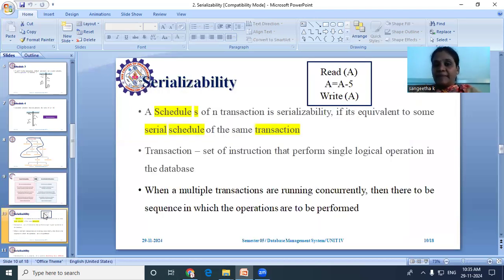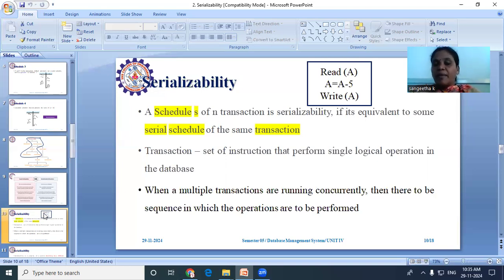Now, serializability. A schedule, let's call it S, of n transactions is serializable if it is equivalent to some serial schedule of the same transactions. A transaction is a set of instructions to perform a logical operation on the database.